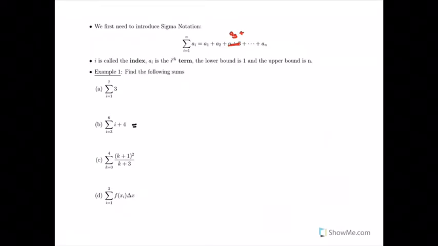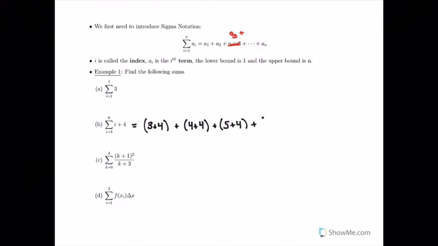So the first one is 3. We're going to plug that into i plus 4, giving us 3 plus 4. Then we're going to do the same thing for plugging in 4, all the way up to 6. So you have 3 plus 4, 4 plus 4, 5 plus 4, 6 plus 4.